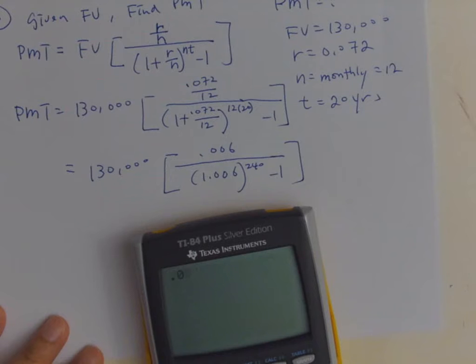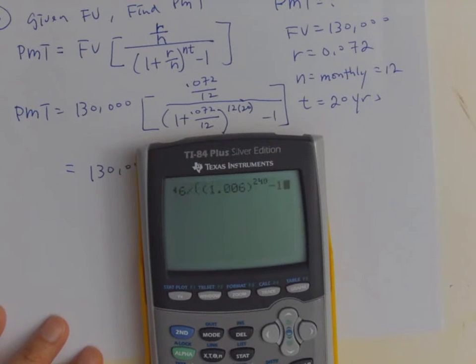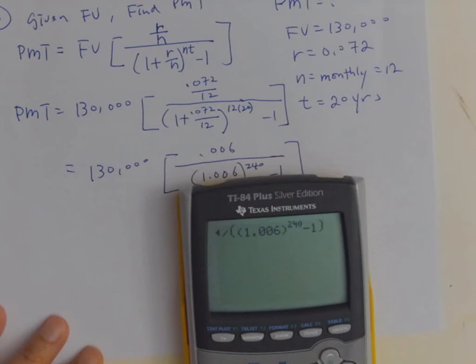We're going to have 0.006 divided by parenthesis 1.006 to the 240, and then I need to move the arrow on the side so the subtracting 1 would not be in the exponent, and then close the parenthesis.